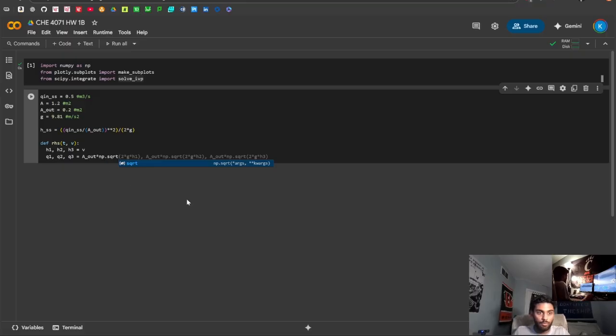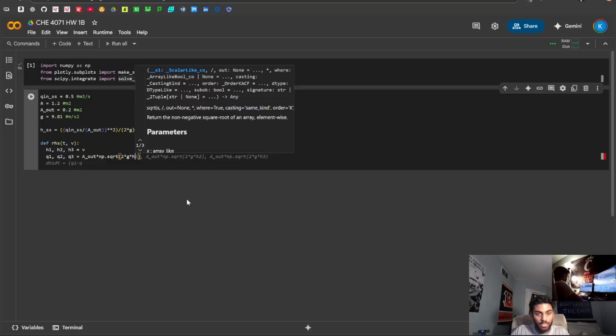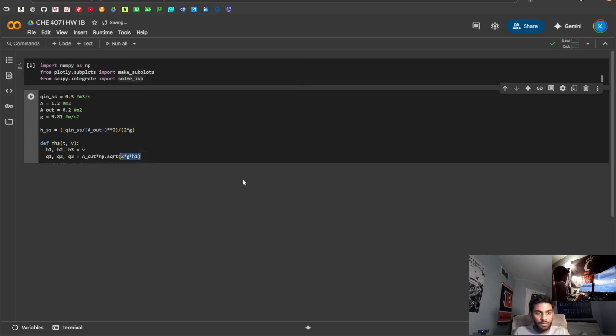This will take the square root of 2 times g times h1, which we are unpacking from this vector, right? So this is the flow rate out of tank 1. And we're going to do the same thing for tank 2, and one last time for tank 3. And this will save it into its respective variable that we define here.